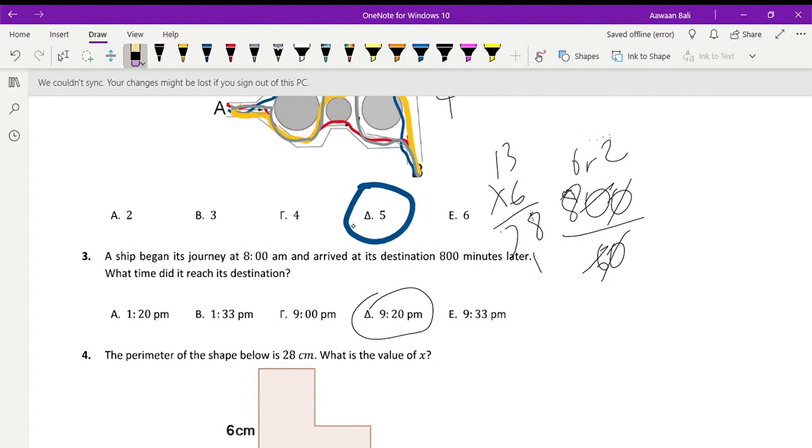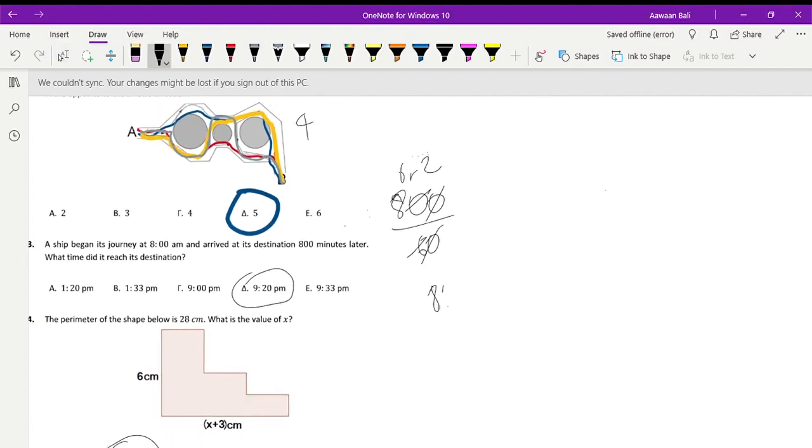Now that means it goes like 8 o'clock and 6 hours. So it's 8 a.m. In 6 hours it would become 14 o'clock in 24-hour time, but to find how much time it would be in PM, you would minus that by 12, so you get 2 PM.